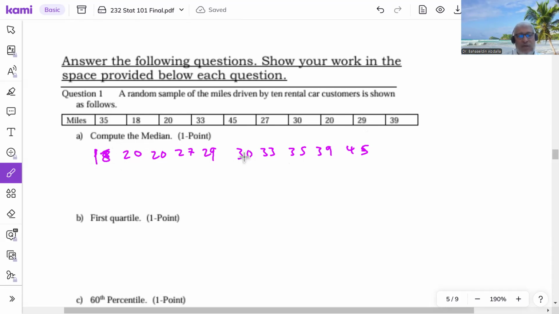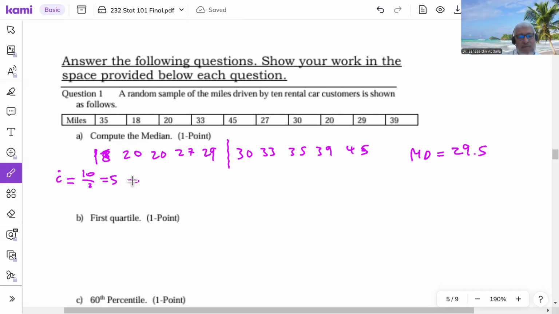The median is in the middle, so the median is between 29 and 30. So I can say immediately that the median is 29.5. But if you want to find it using the position, i is n over 2, so 10 over 2, which is 5.